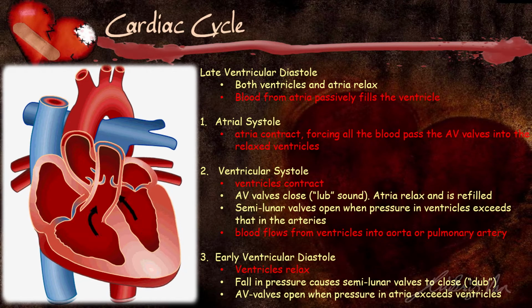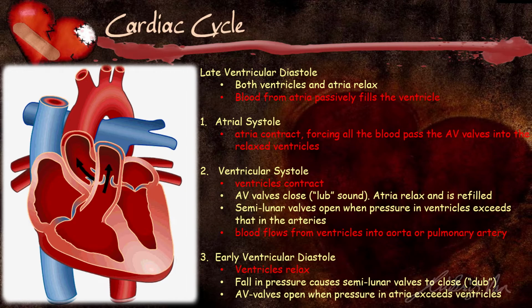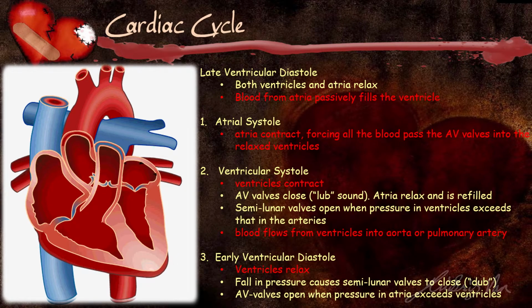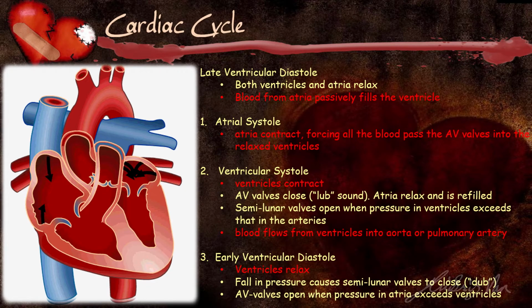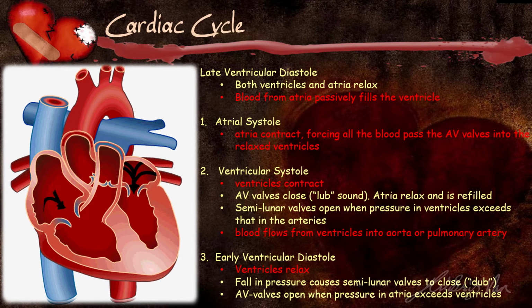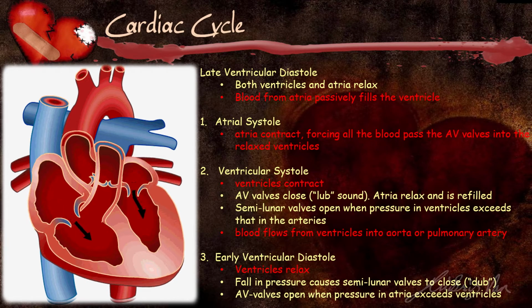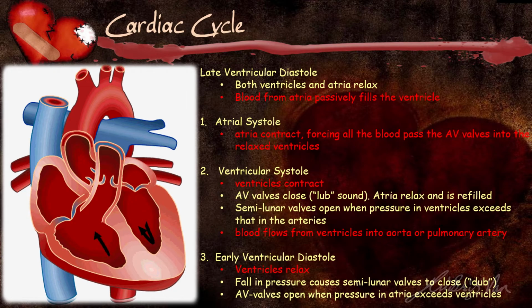As pressure continues to build up, it will exceed that of the artery, then the blood will be forced out from the ventricle into the artery to be delivered to the rest of our body or into our lungs.